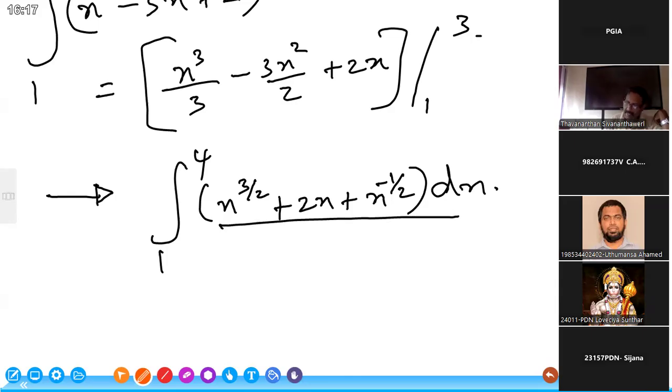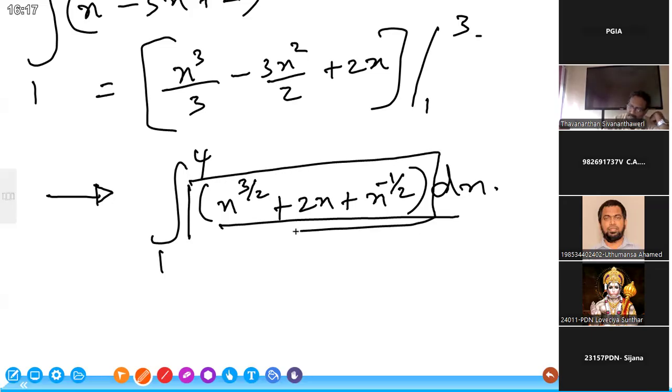So first integrate this function, then you can substitute.